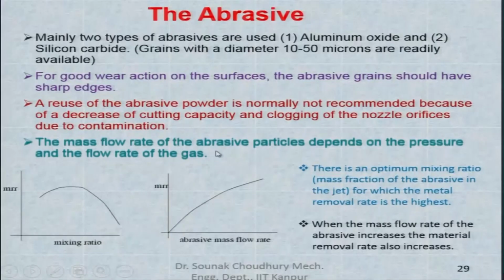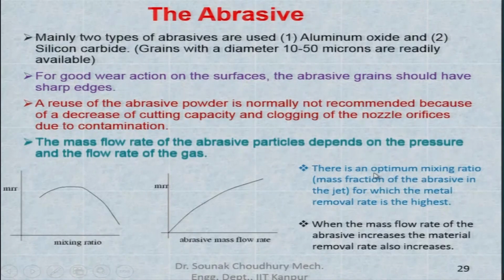The mass flow rate of the abrasive particles depends on the pressure and the flow rate of the gas. If you see here, these are two curves made from experimental results. This is the qualitative curve: the material removal rate on the y axis and the mixing ratio on the x axis, and here is the abrasive flow rate.